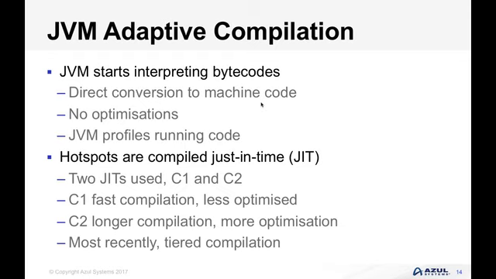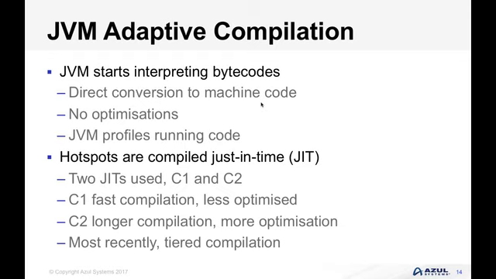C2 has a longer profiling and compilation process involved. So it takes longer to get to the compiled code, but the compiled code that's generated is more optimal. It takes the time to be able to analyze things in more detail, apply more optimizations, and get to a high level of performance.